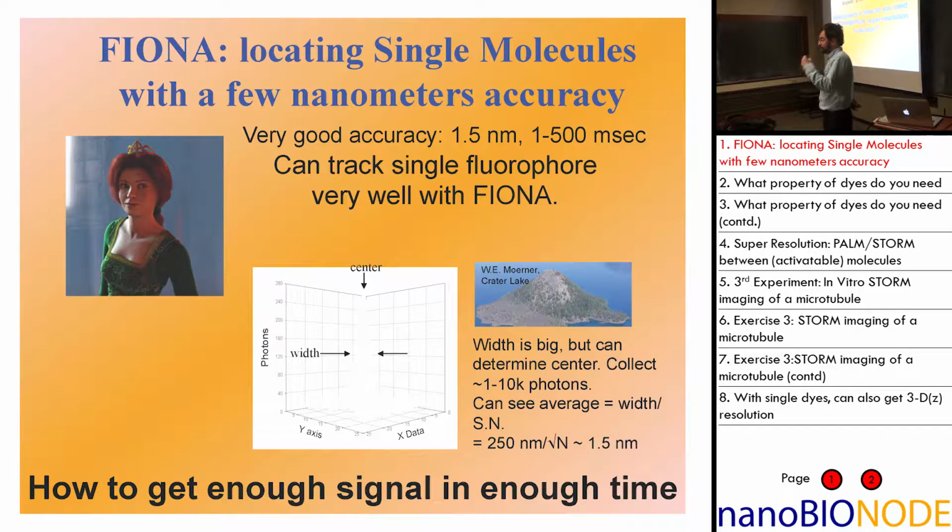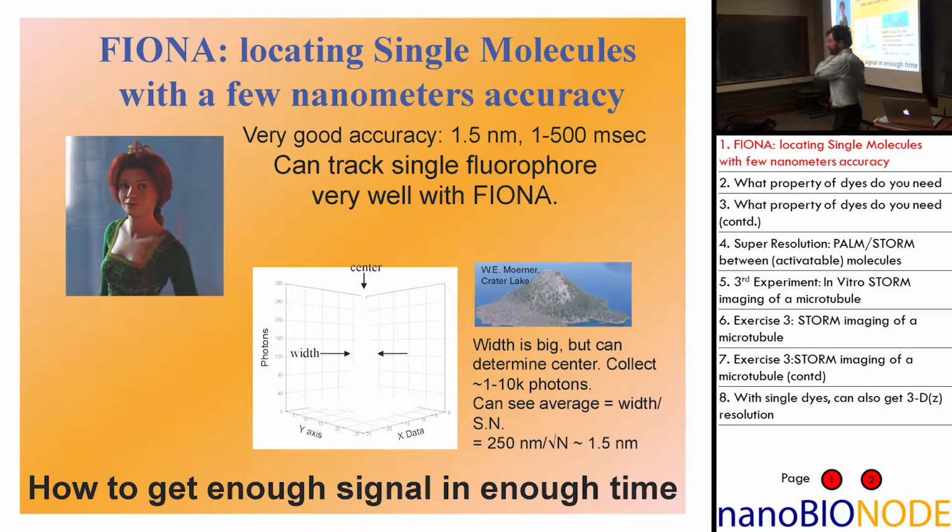The dyes need to put out enough photons for you to be able to see them in whatever time you're trying to look at. In fact, that's also true with FIONA, because in order to localize it, basically the width is 250 nanometers divided by the square root of N. So if you only get a few photons during the time at which you'd like to locate it, FIONA is going to look bad.